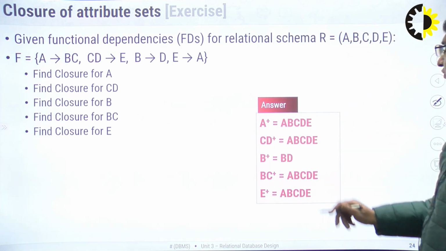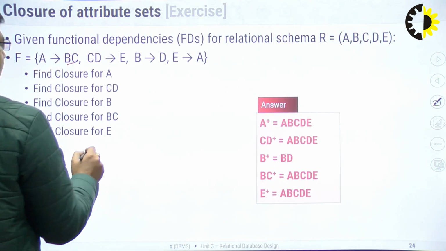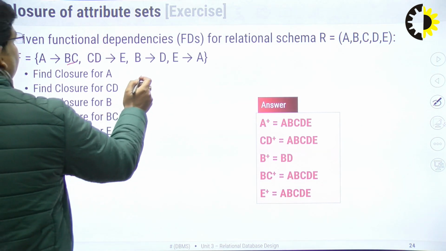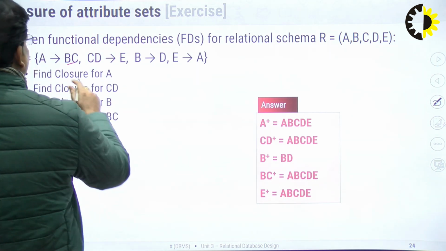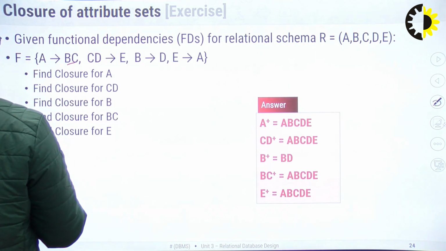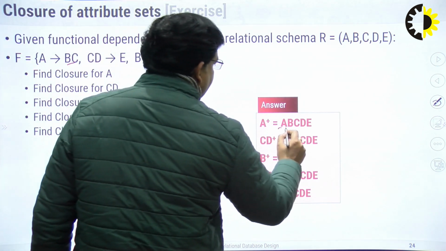Very easy. For A, A determines BC, so the closure of A is A, B, C. Now B determines D, so A, B, C, D. Then E, so the closure will be A, B, C, D, E.